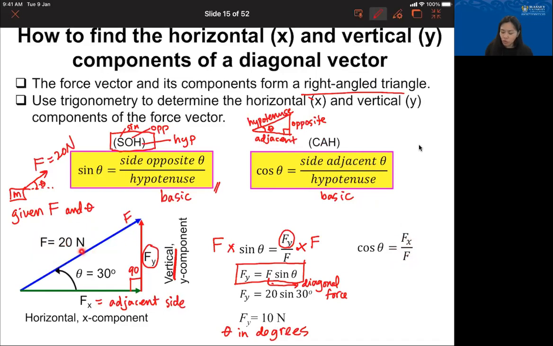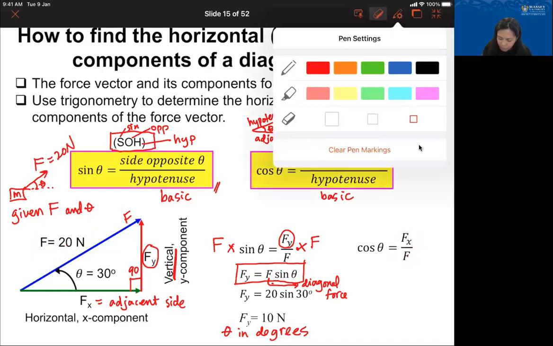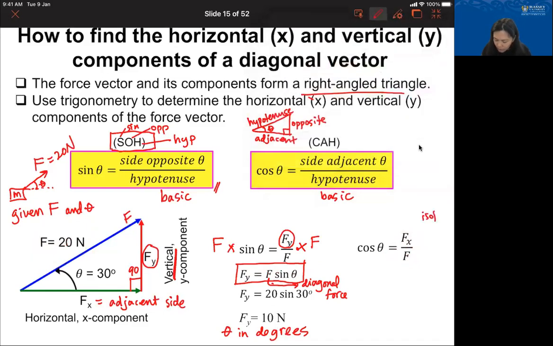So we do the same thing that we did for the y component. We want to find Fx, so we want to isolate Fx. We multiply both sides by F, so that F divided by F on the right side is equal to 1, and we're left with just Fx on the right side, and then we have F times cosine theta on the left side.